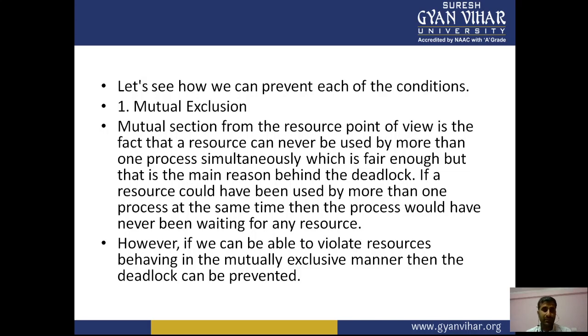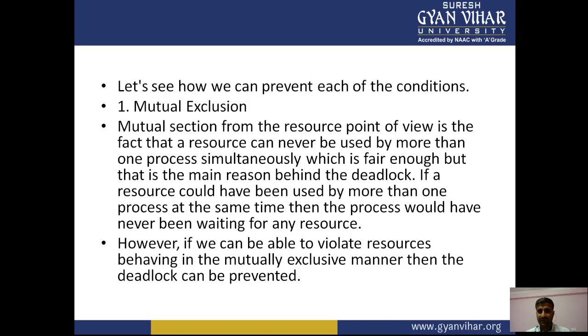If we have a shared variable, only one process can access it at a time. Execution is fine that way, but at the same time it can also create a deadlock.